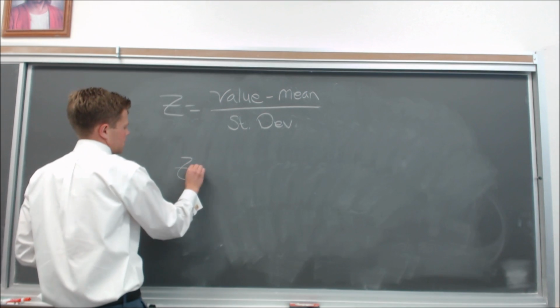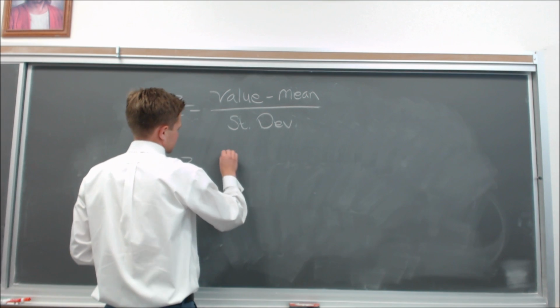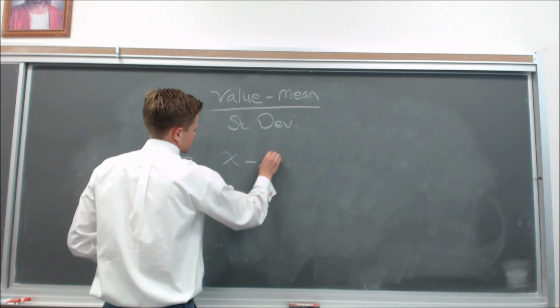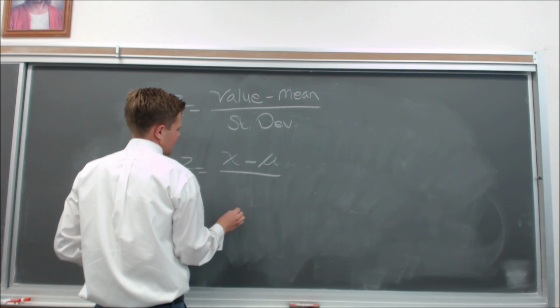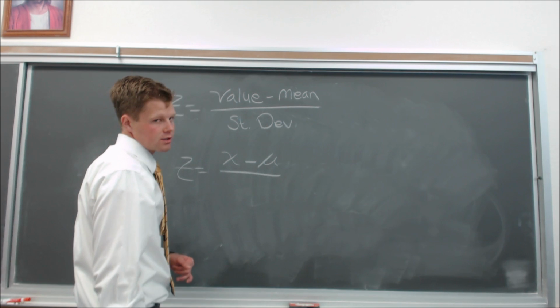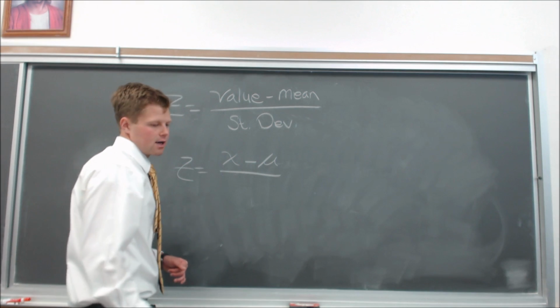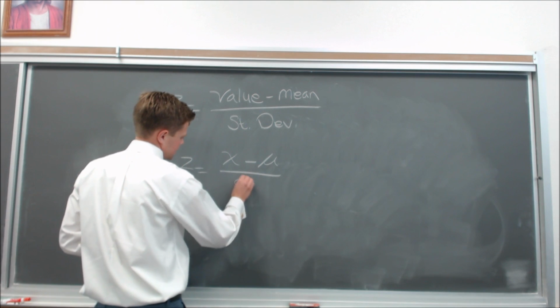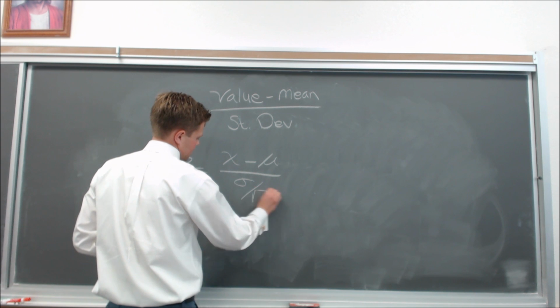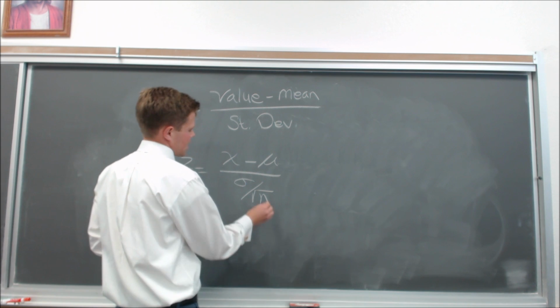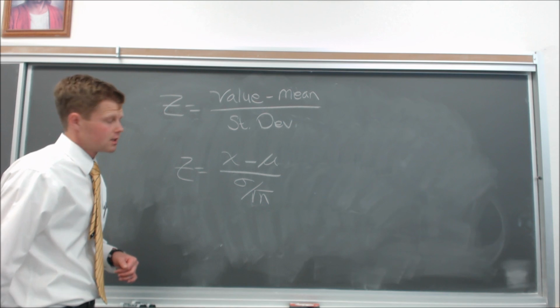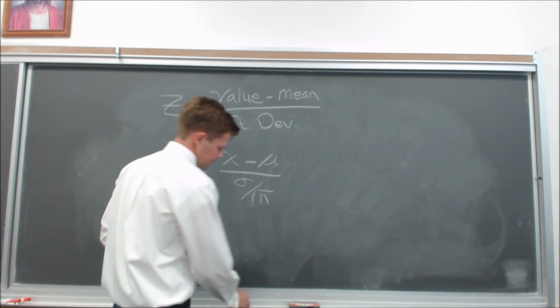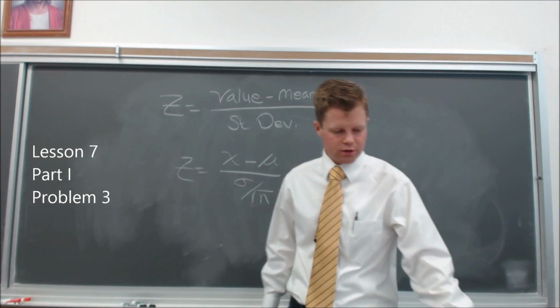So we represent that by the following variables: x minus mu divided by, now in this case, remember our standard deviation is sigma divided by the square root of n, because now we have the sample size right there in n. Okay?